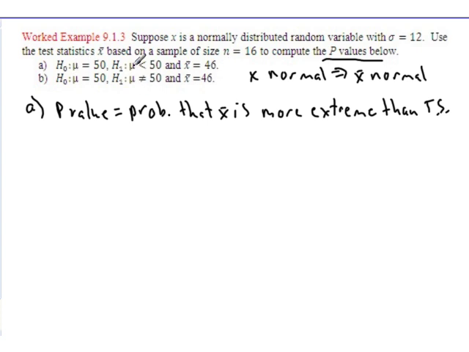So, in part A we have a left-tailed test. So what I'm going to do is draw a normal distribution, x bar, which you know is normally distributed. The mean is the same thing as the mean of the null hypothesis, which is 50.